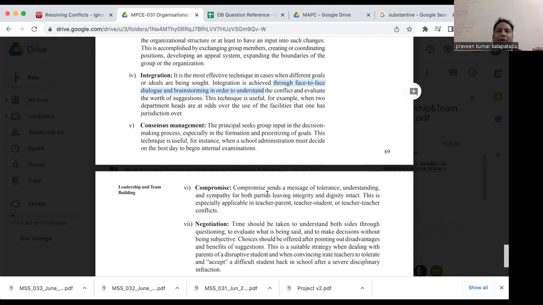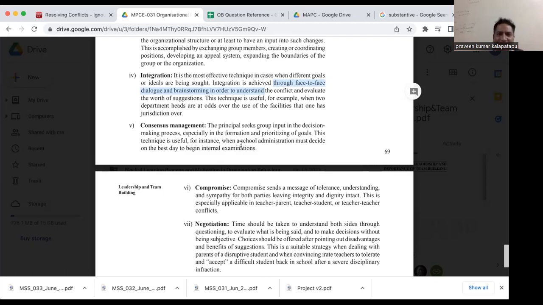Now consensus management. Here you are collecting various opinions, and you have a process in which you collect them and make the decision from the collection.